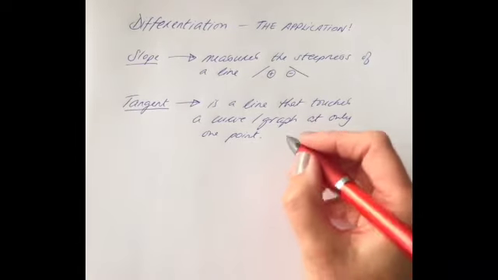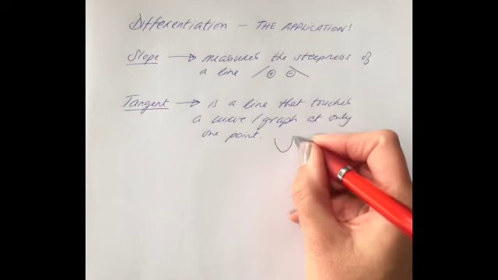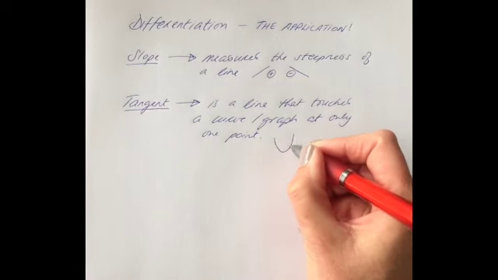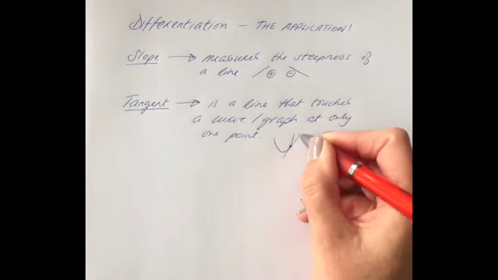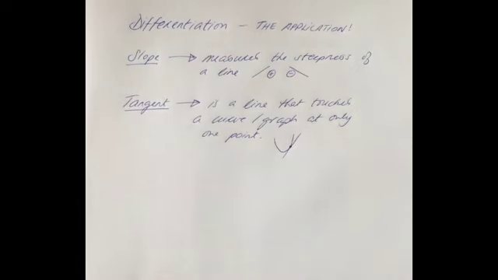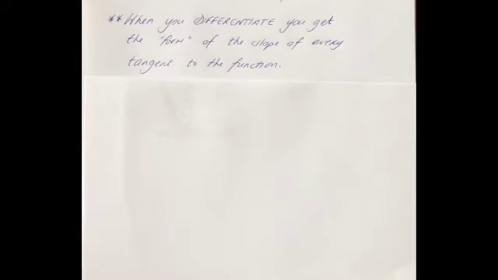Okay, so if you have a graph like this, for example, we might have a tangent here at this point, which would be just a line, roughly drawn there, touching that curve at that point. So that would be a tangent. Okay, so the key thing is that when you differentiate, you get the form of the slope of every tangent to the function. Now I know that's very wordy, so we're going to look at this now in a context straight away.